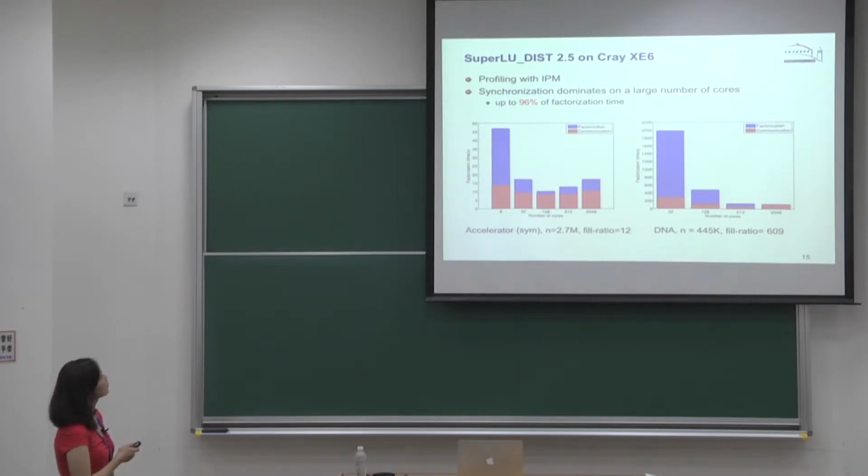And the plot I'm showing you here is increasing the number of cores on the Cray machine, up to 2,000 cores. And the vertical axis is the factorization time. So that's the total factorization time. And among the total factorization time, I did the profile of the communication cost.